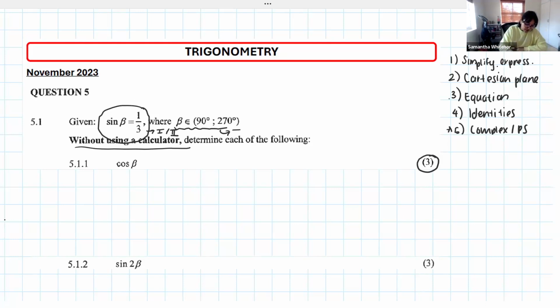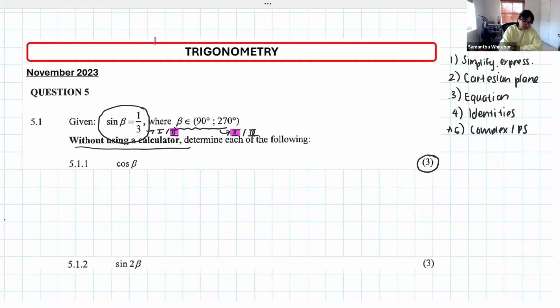So here I'm only concerned with quadrant 2 and quadrant 3. If we look at the overlap of where sine is positive and which quadrants I'm allowed to work in, the overlap between these two bits of information is quadrant 2.